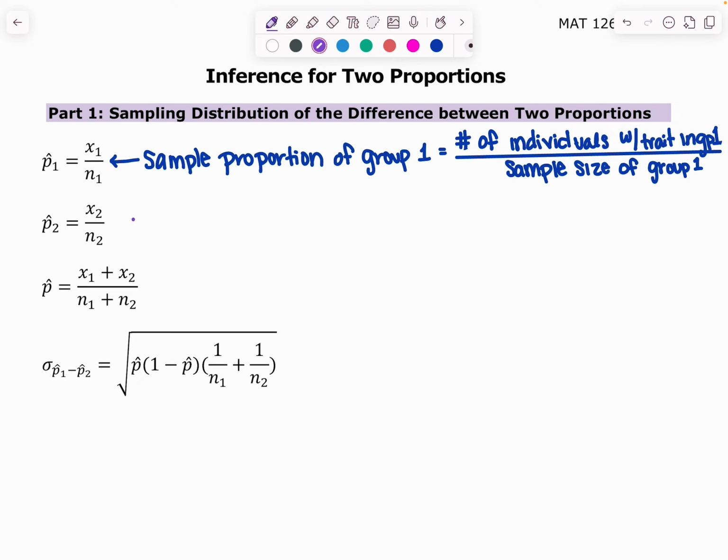Then we have p hat 2. This is the sample proportion of group 2.